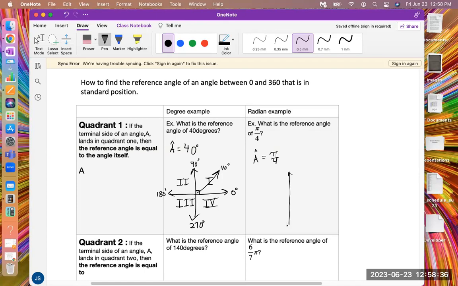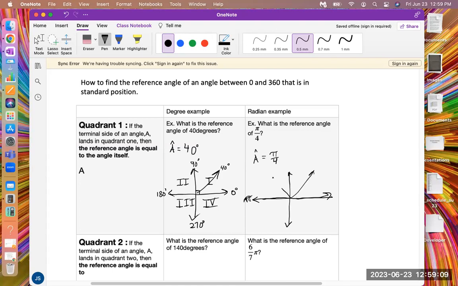With radians, it's a little bit more difficult. I think the fastest way to do this: this is pi over 4. Remembering that in radians, 180 degrees is pi, whatever denominator they give you, this angle of 180 degrees is going to be split that many ways. It's already split in half, so you just split those in half.